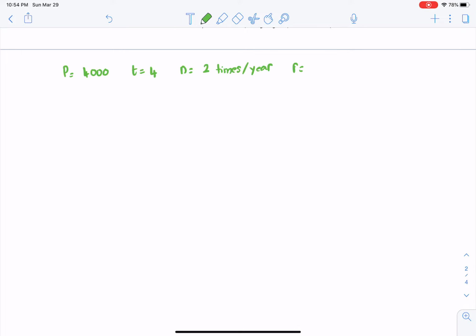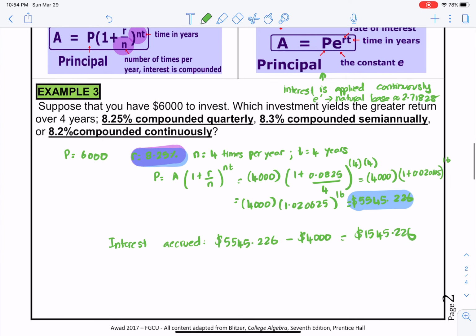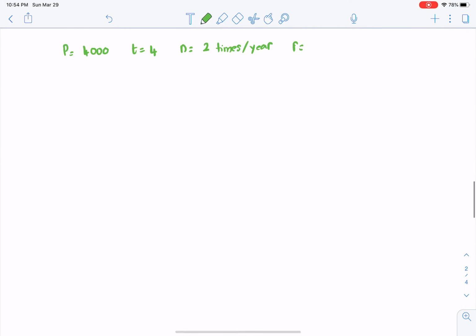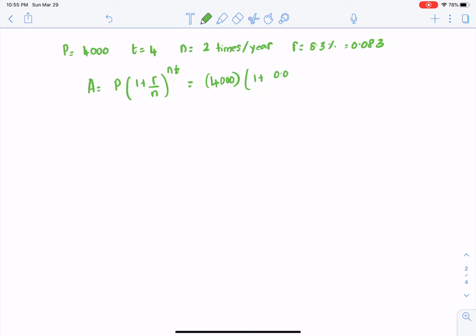And the rate here is 8.3%, that would be 0.083. So we use the formula A is equal to the principal times 1 plus r over n, raised to nt. So 4,000 times 1 plus 0.083 divided by 2, raised to 2 times 4.